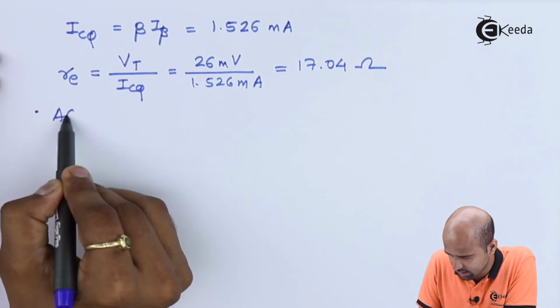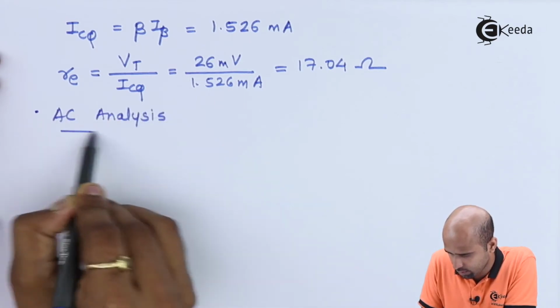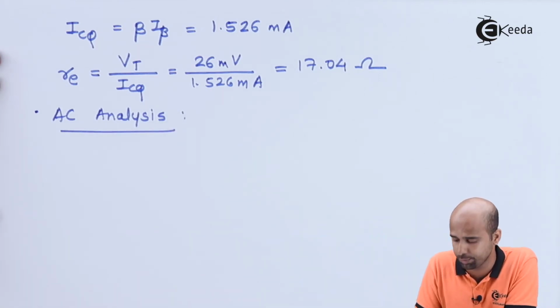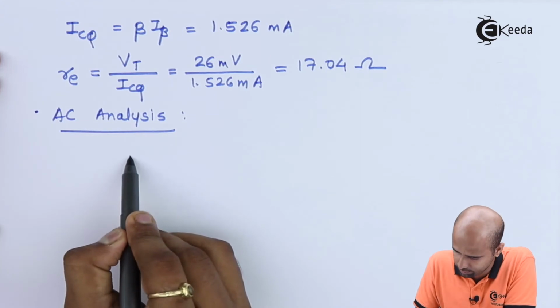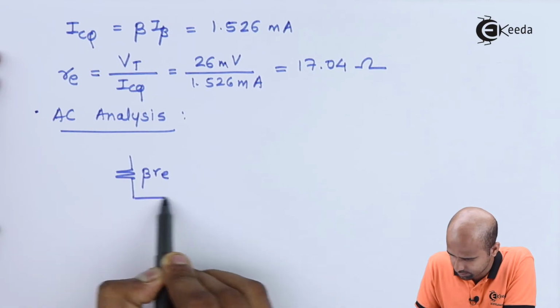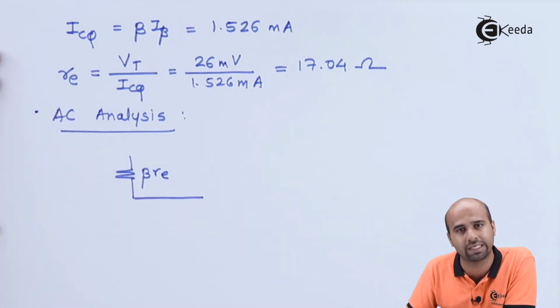Next is AC analysis. In AC analysis, we'll directly draw the AC equivalent model quickly. This is your value of beta re. You can draw the R pi model as well, then calculate the value of R pi as beta re.